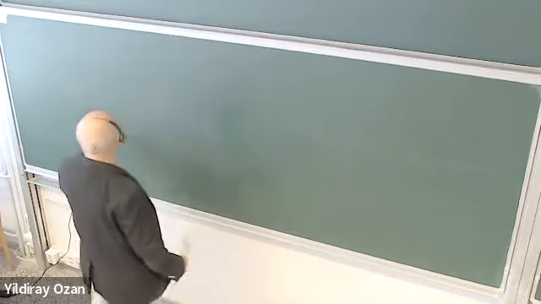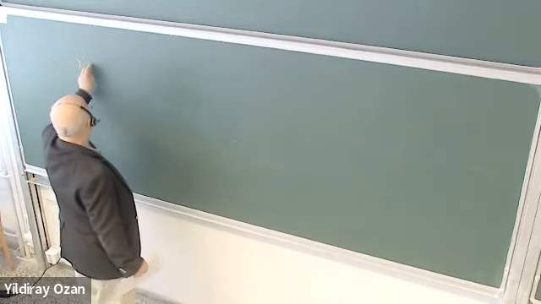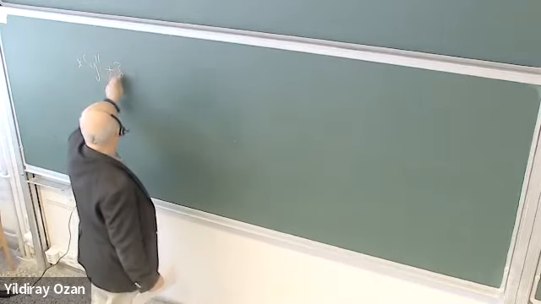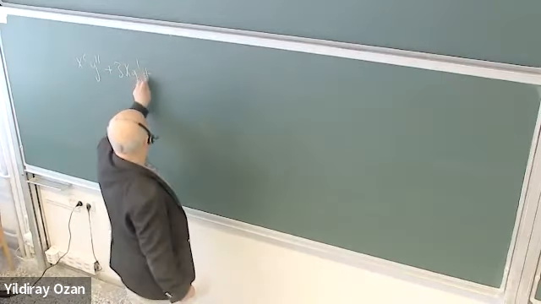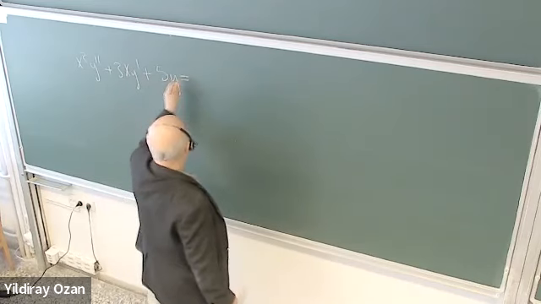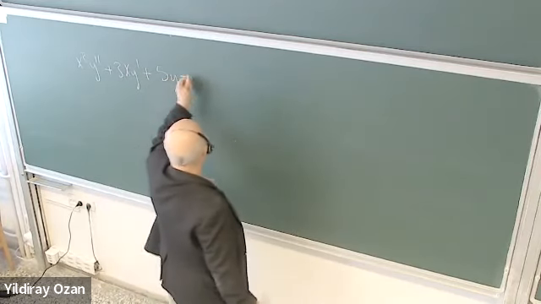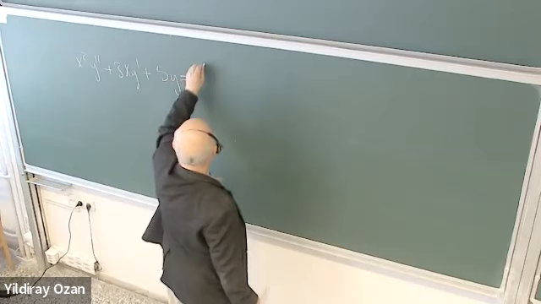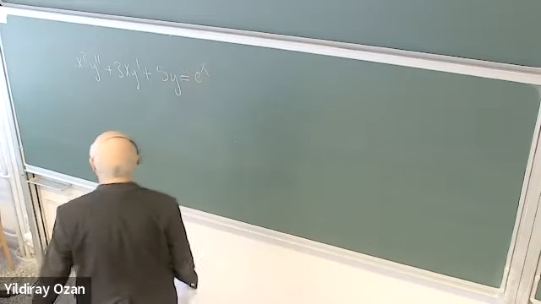So there are equations like this: x squared y double prime plus 3xy prime, let's say 5y equals e to the power x, for example, something like this.